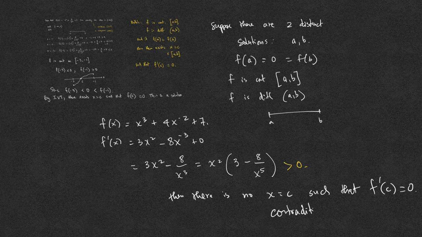It is a contradiction because we assumed that there exist two distinct solutions, and so our assumption must have been incorrect. The only assumption we made was that there are two distinct solutions, and this assumption gives rise to a contradiction. And so this assumption is incorrect. Therefore, there exists only one solution. There cannot be two distinct solutions, and that finishes the problem.